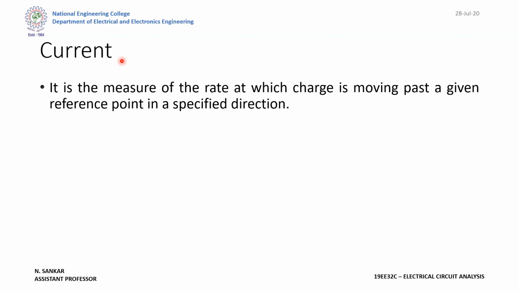If you take a wire, with a flow of electrons from one end to another, we can measure the current by how much time it takes to get from point A to point B. In terms of definition, current is the measure of the rate at which charge is moving past a given reference point in a specified direction. It doesn't matter whether it is an electron or a proton.